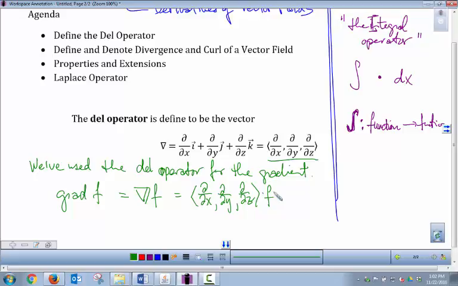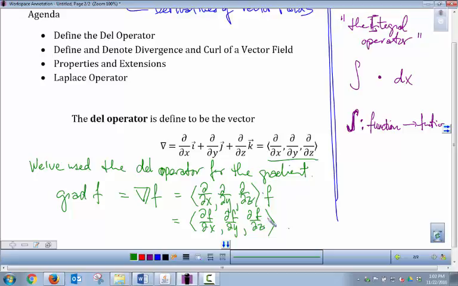If you think about this as a vector and a scalar and apply the scalar multiplication, then this simply becomes the partial of f with respect to x, the partial of f with respect to y, and the partial of f with respect to z. So that's how we found our gradient.